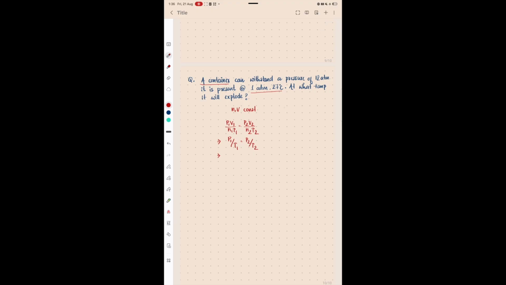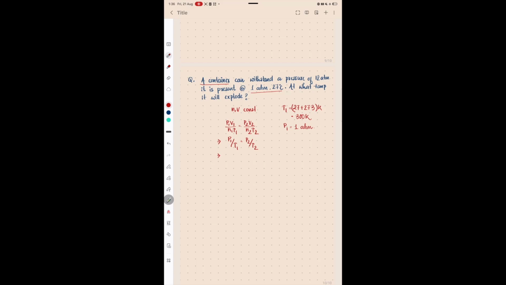So my T1 is equal to 27 plus 273 Kelvin, which is actually 300 Kelvin, and my P1 is 1 atm, right?